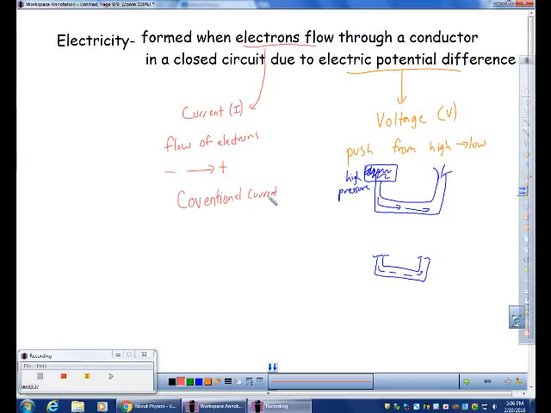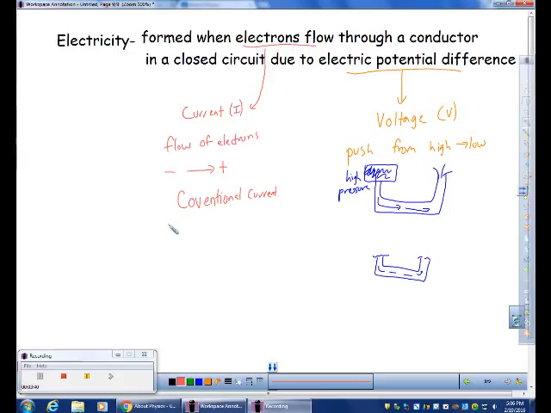Conventional current is what we now view as the convention, or as the norm. When we first started trying to talk about and measure current in the early days, we didn't quite have this understanding of a negative charge versus a positive charge. So we viewed everything as moving in a way that made sense to the common man.